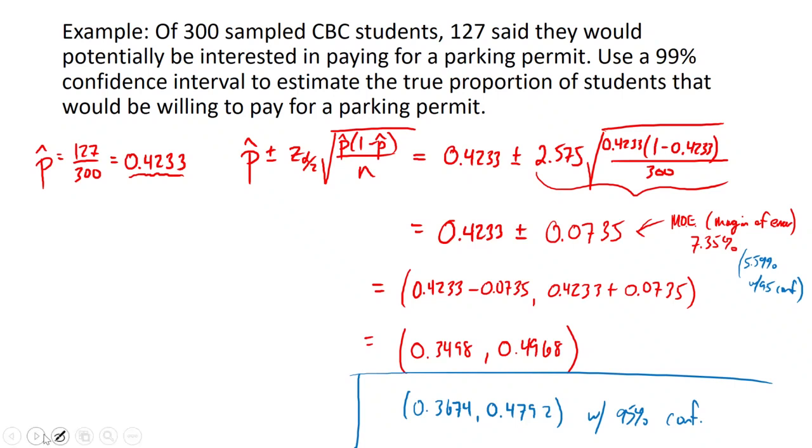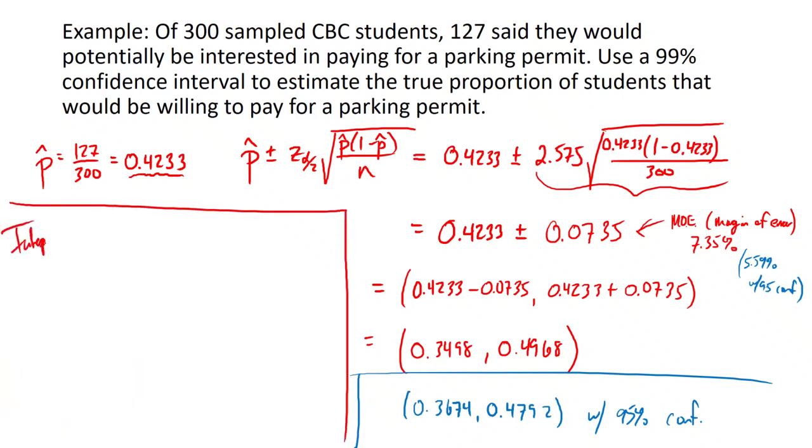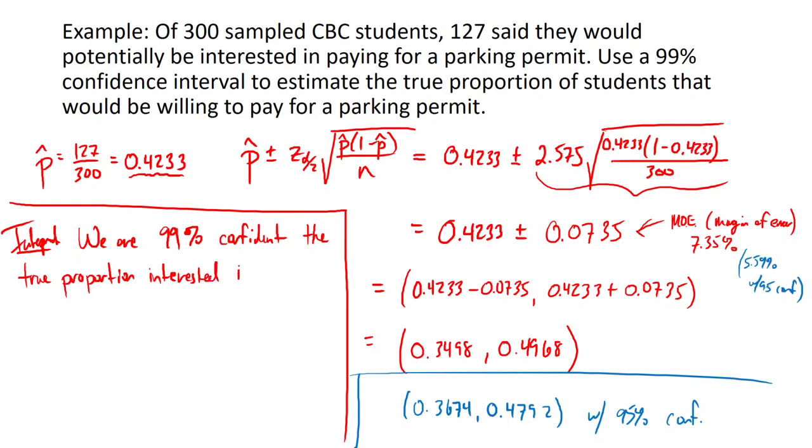So if you were going to interpret this, yesterday I showed you how to make a nice interpretation of a confidence interval. So first thing you should state is what? We're 99% confident. Yeah, you want to tell people what confidence level you used.